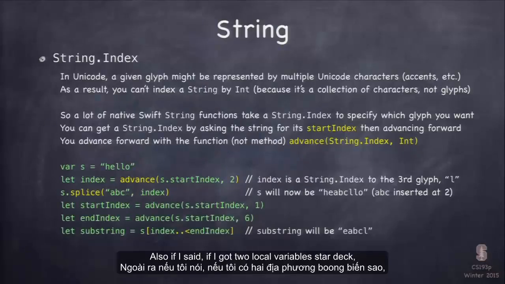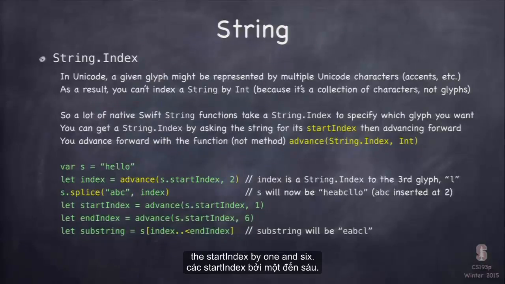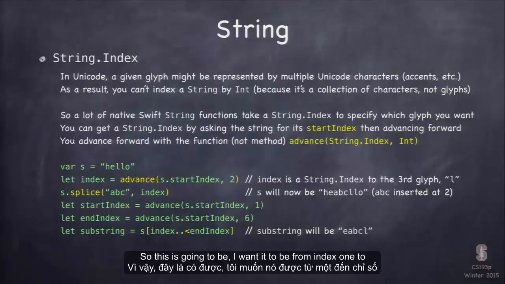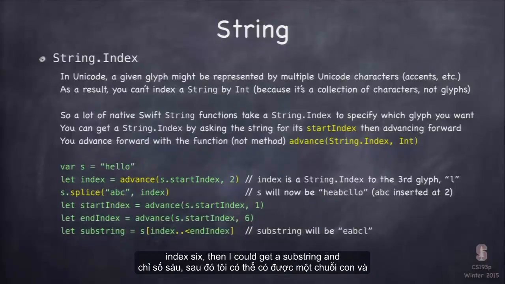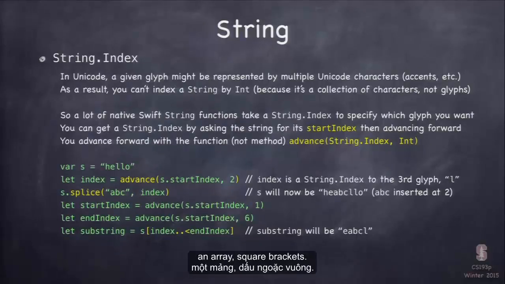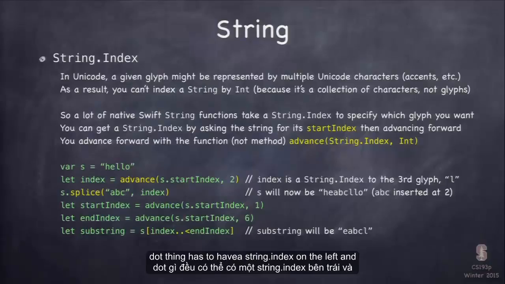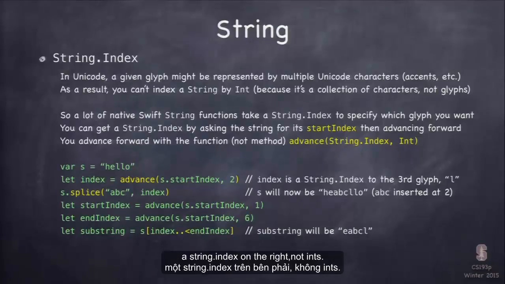Also, if I got two local variables, start index and end index, which I made by taking advance of the start index by 1 and 6, so I want to be from index 1 to index 6, then I could get a substring. And I get a substring in a string exactly the same as in an array, square brackets, but inside the square brackets goes a range, and the range, the dot dot dot thing, has to have a string dot index on the left and a string dot index on the right, not ints.